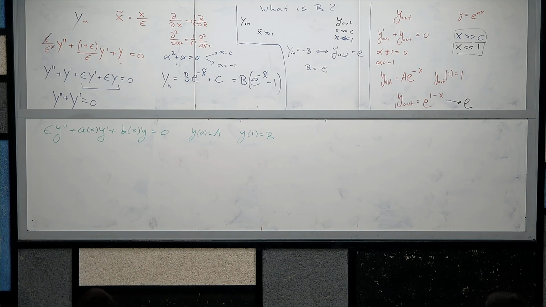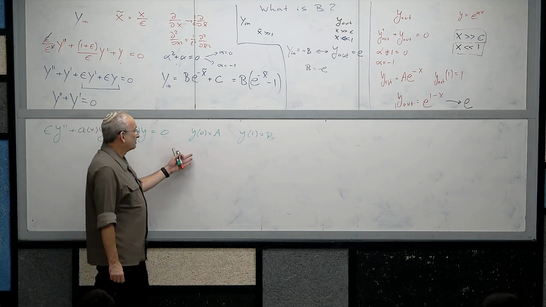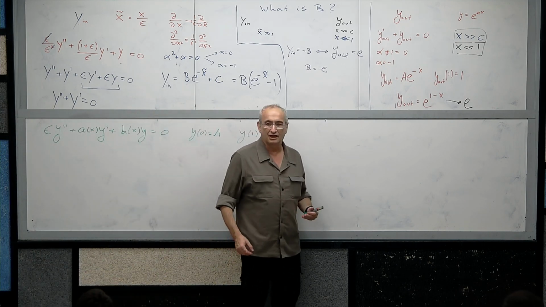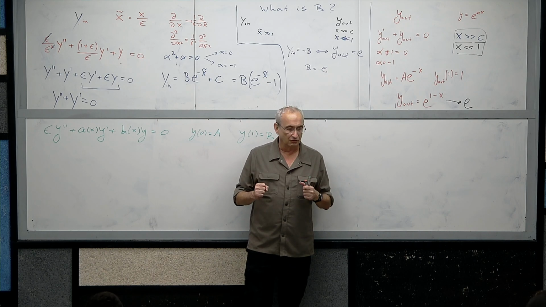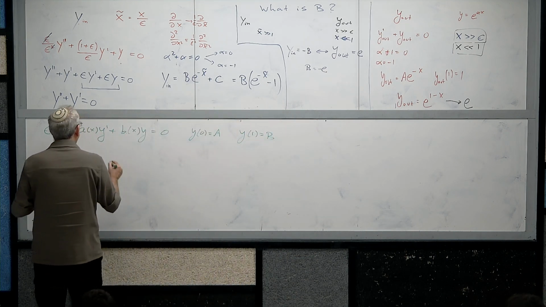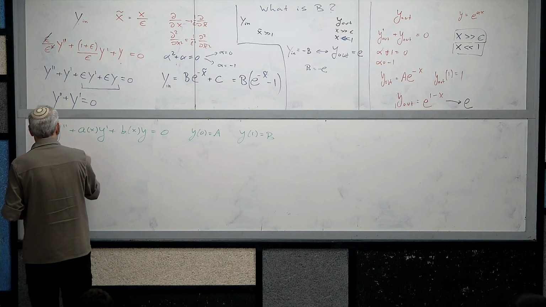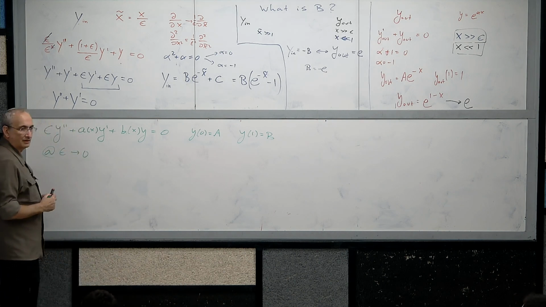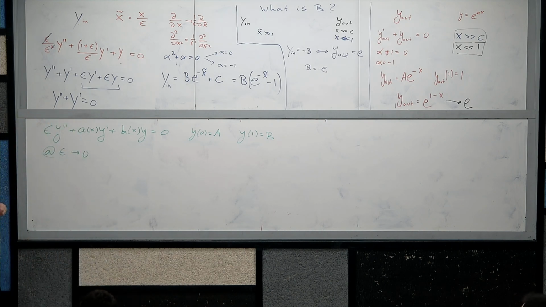Now, it so happens that epsilon is a small parameter, right? For example, in the Schrödinger equation, h bar sitting here is in many cases a small parameter, okay? And you want to get some approximation to this solution as epsilon goes to 0. You want to find the asymptotic behavior of the solution as epsilon goes to 0. How are we doing that? Okay?